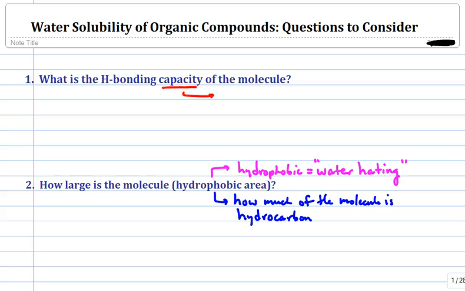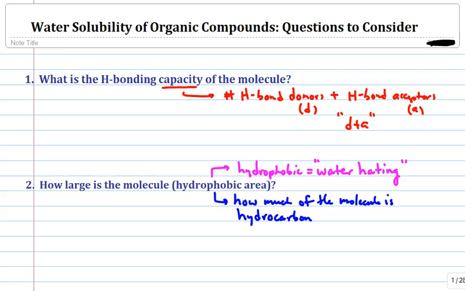It is the number of H-bond donors plus H-bond acceptors. Sometimes I just use a little d for donors and a little a for acceptors.